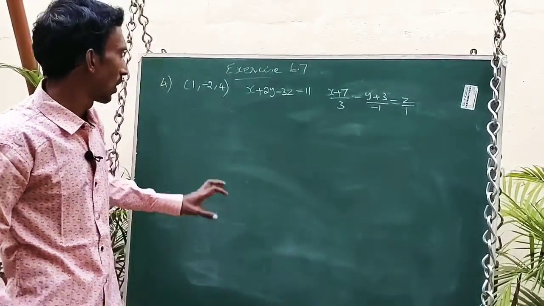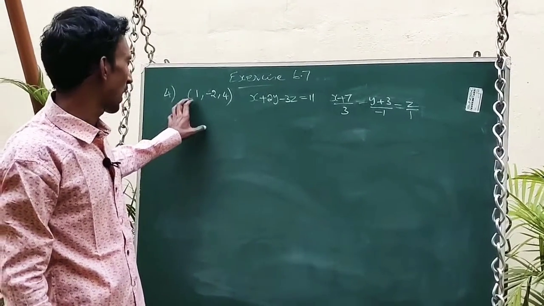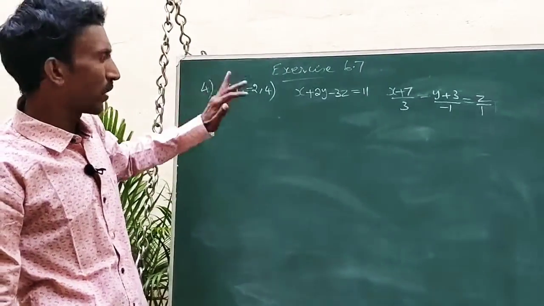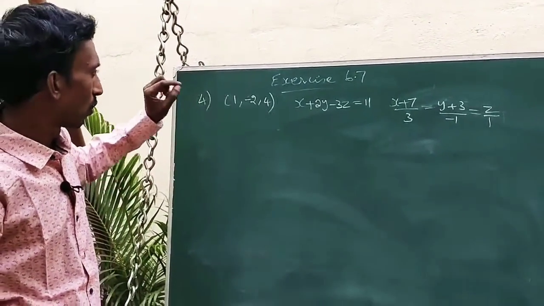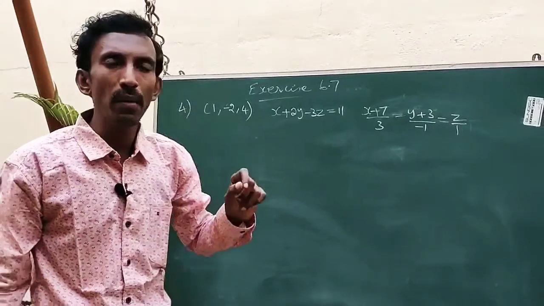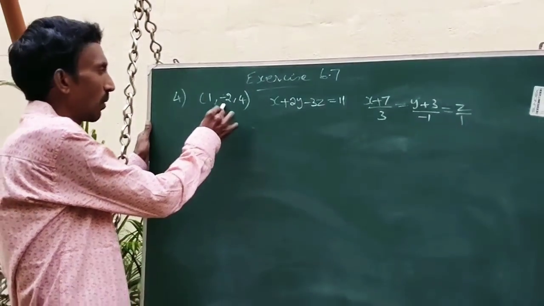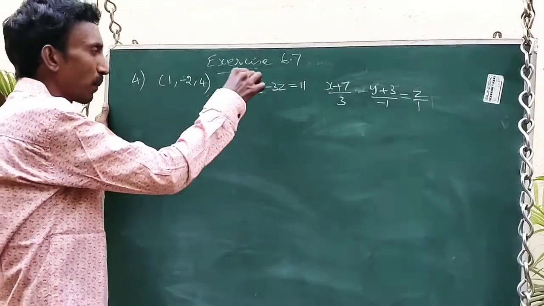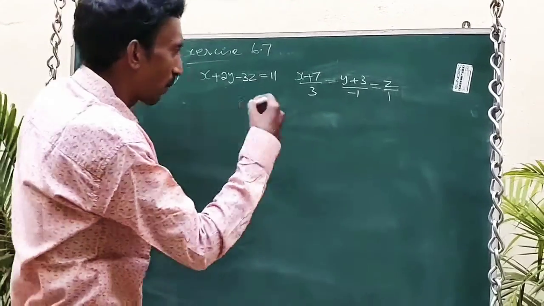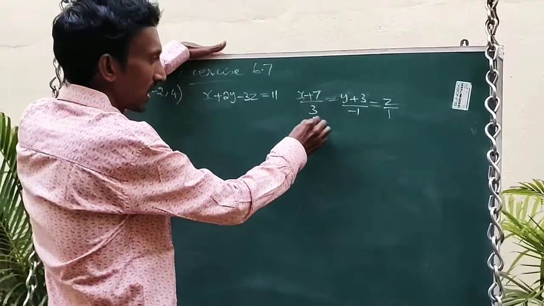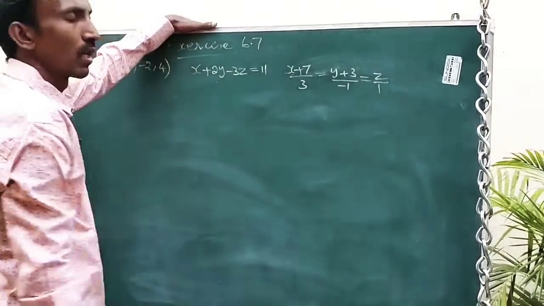Question number 4. I am solving the problems of similar types, that's why I am skipping. 1, 4, 5 are the same type, 1, 2 parallel, that's why I am solving the fourth question. Fourth question is: find the non-parametric vector and Cartesian equation of the plane passing through the point 1, minus 2, 4 and perpendicular to the plane x plus 2y minus 3z equal to 11 and parallel to the line (x plus 7)/3 equal to (y plus 3)/minus 1 equal to z/1.